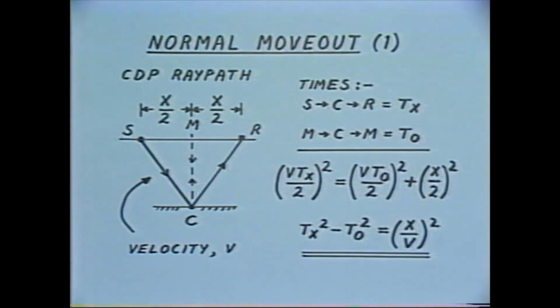If we have two traces or more which are from a common depth point set, it is possible from the reflection travel times on those two traces and knowing the offsets from source to receivers on those traces, which of course we do know, to, in effect, turn this equation around and derive the velocity with which the seismic energy traveled. And of course, that velocity is needed in order to convert the travel times we measure from the seismic data into depths to the reflectors.